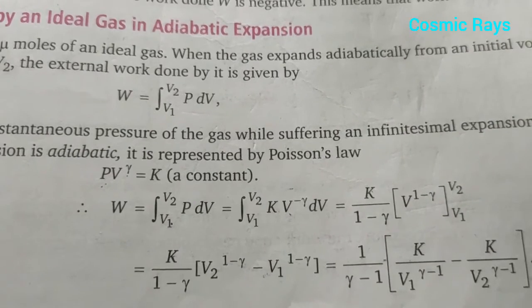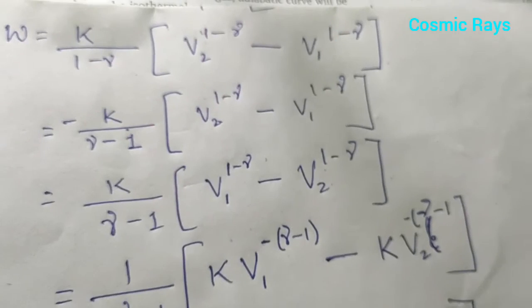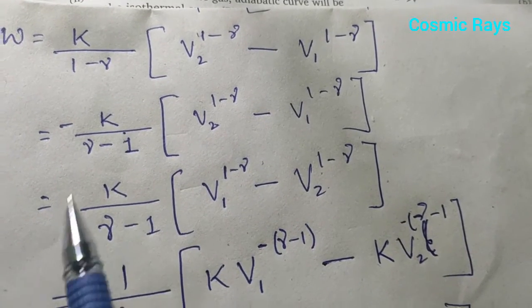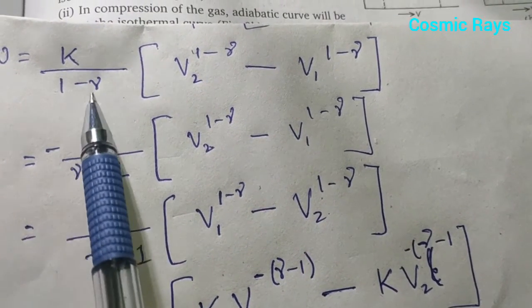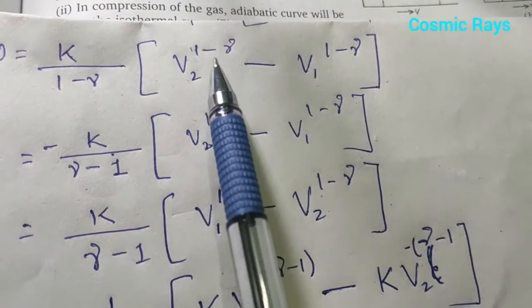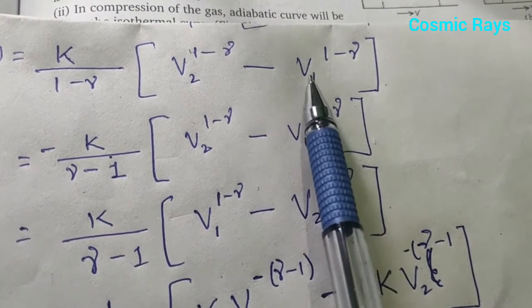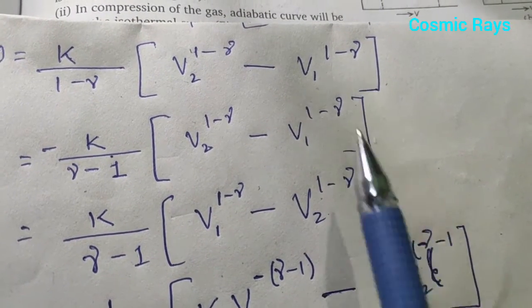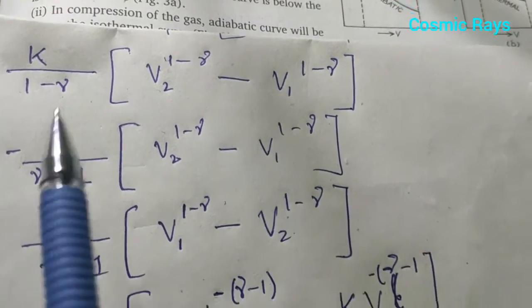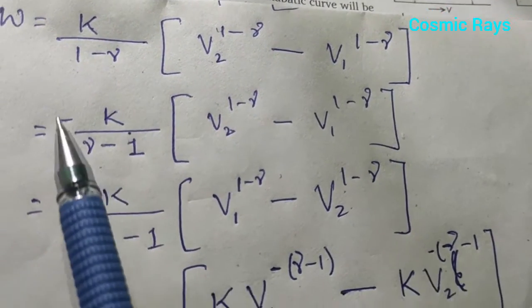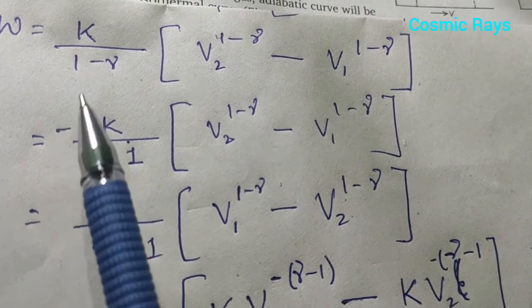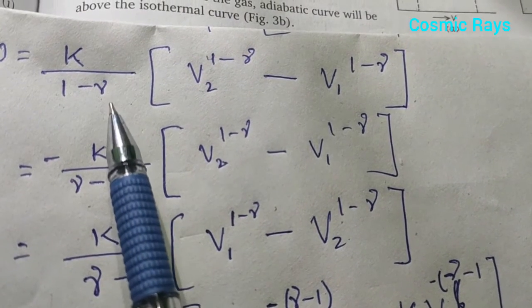I'll show it to you on a piece of paper. So we have the term W equal to K by 1 minus gamma, V2 to the power 1 minus gamma minus V1 to the power 1 minus gamma. Now we have taken minus common from here. If we take minus common, we keep the minus, and this becomes plus and this becomes minus.